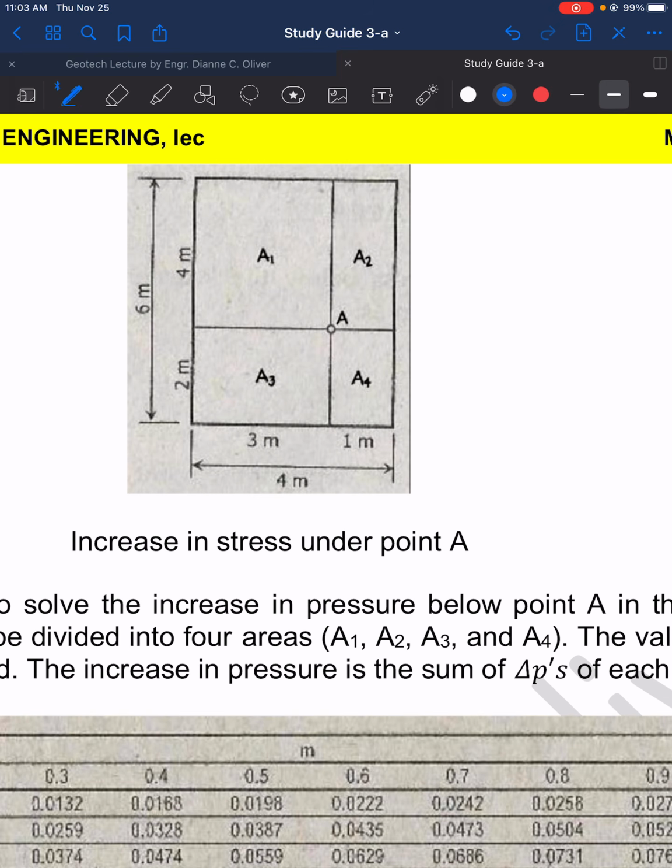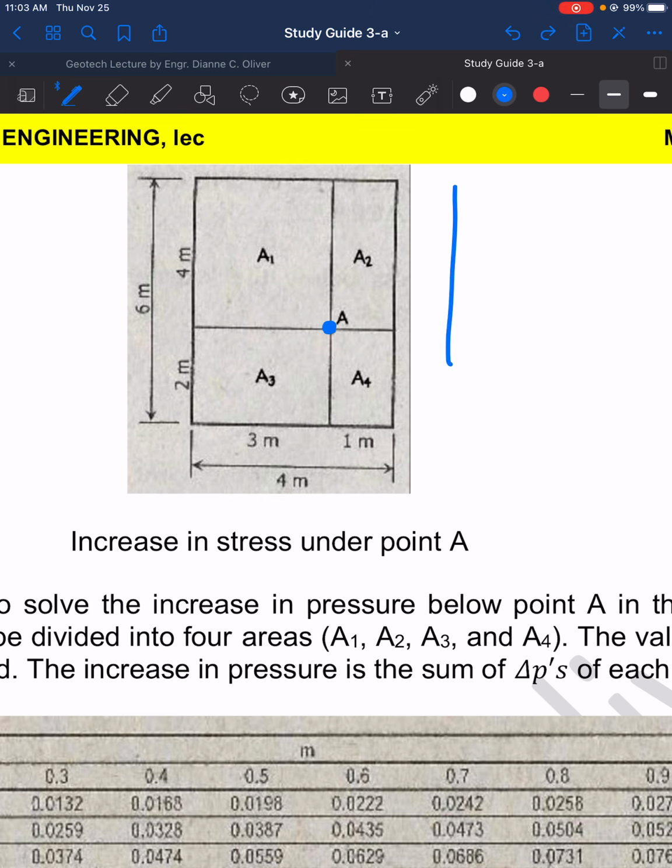So given, for example, this rectangle here, 4 by 6, is our foundation, and then we are asked to find the vertical stress increase at this point A. So we need to divide this rectangular foundation into 4 rectangles, making sure that each rectangle has one corner at the point that we are computing.